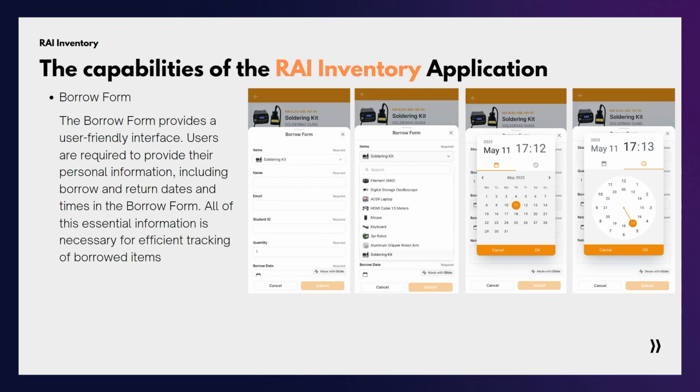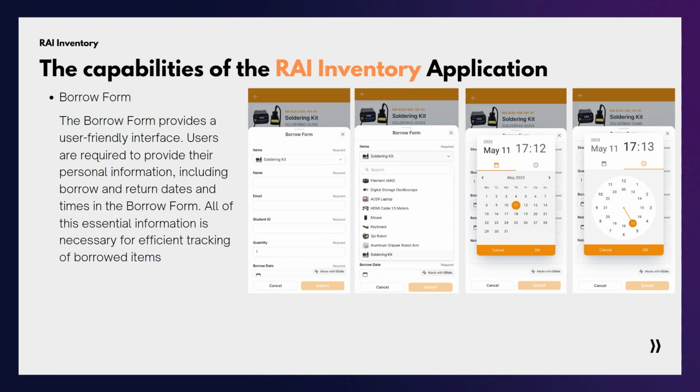And the borrow form. Before the student borrows each item, they need to fill in all of the required information inside the borrow form. In this way, the staff can track each item more easily. The borrow form provides a user-friendly interface. Users are required to provide their personal information, including borrow and return dates and times.